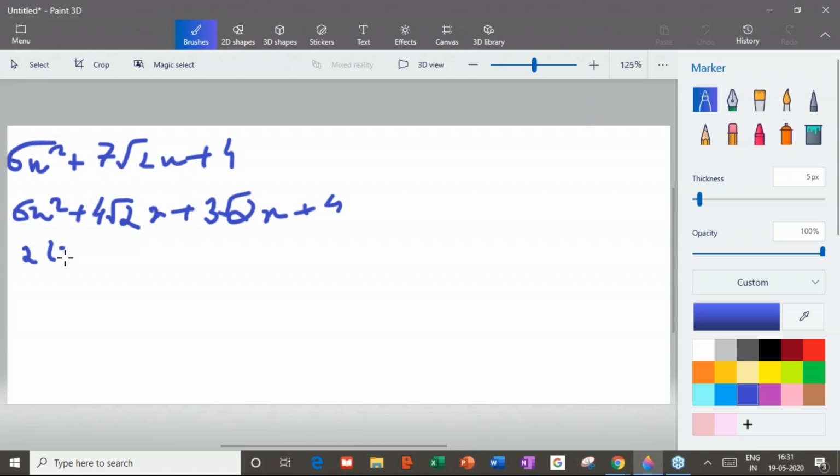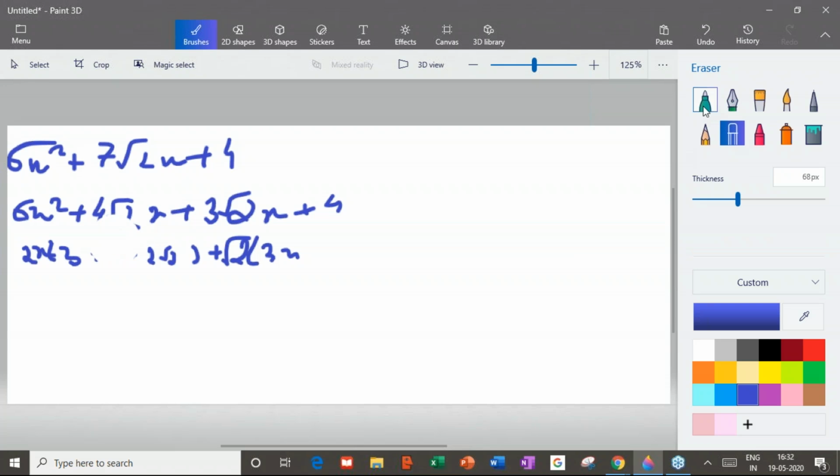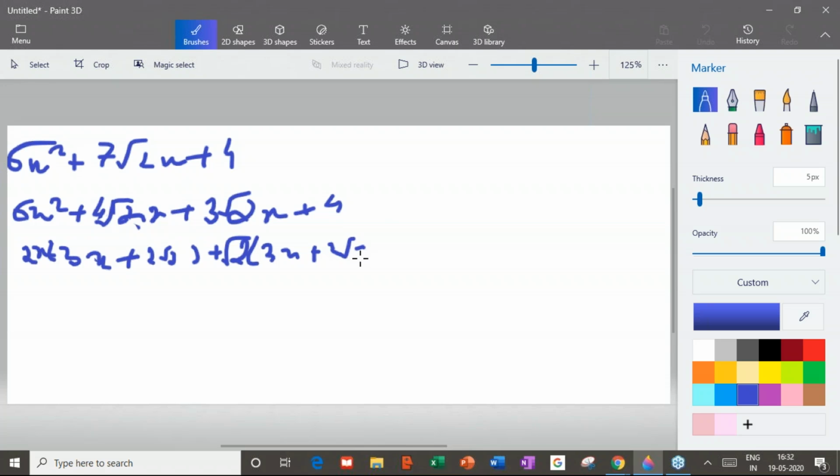So now you take 2 common here, which will give you 3x squared plus 2 root 2, plus 2 plus root 2 common, 3x or 2x you can take out common, right? 3x, 3x plus 2 root 2.